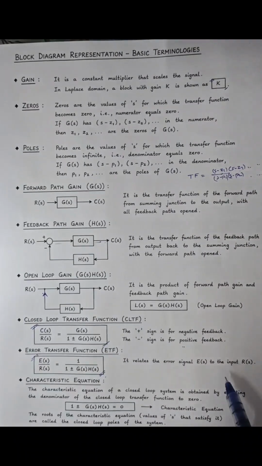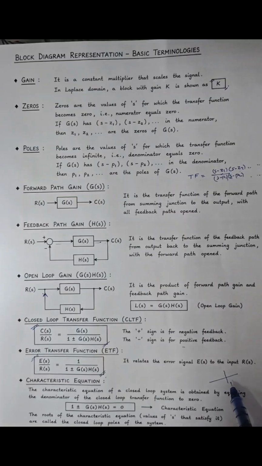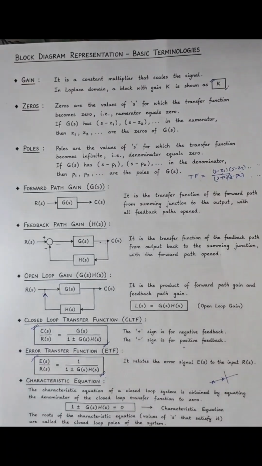We should always know why the characteristic equation is important: it determines the stability of the transfer function. If the transfer function has some poles and these poles all lie on the left half of the s plane, then the system is stable.